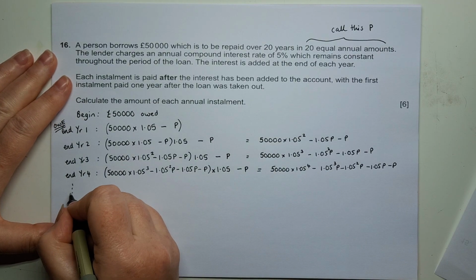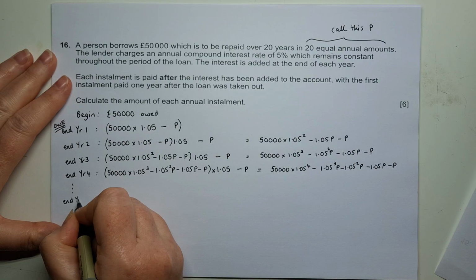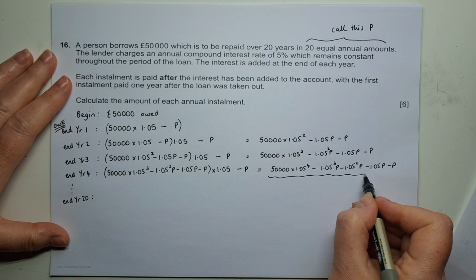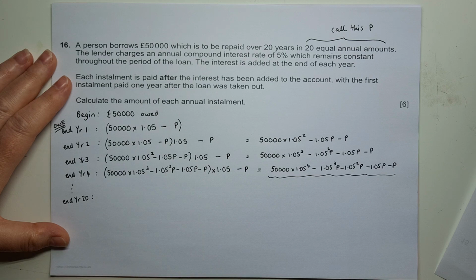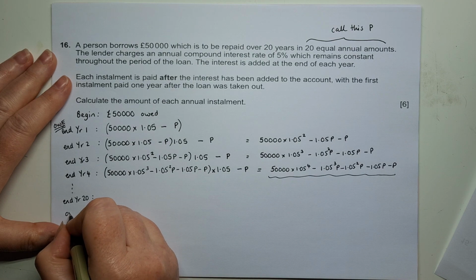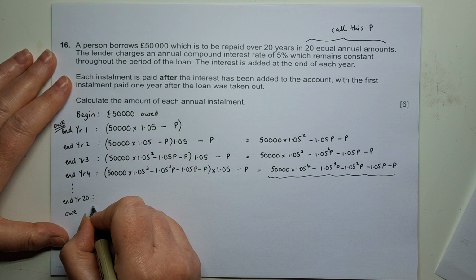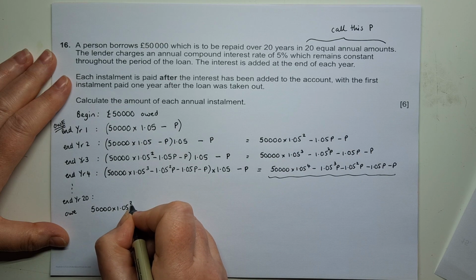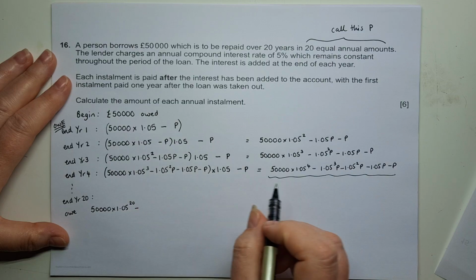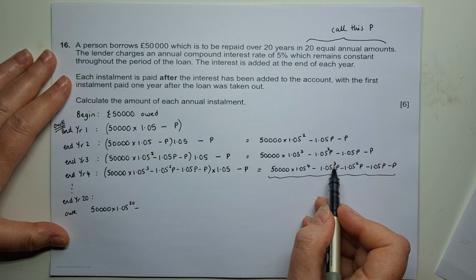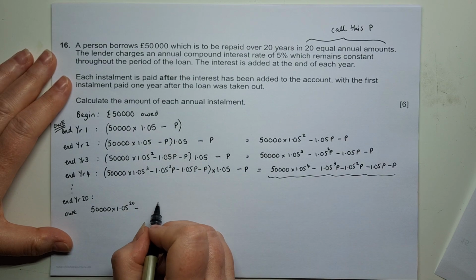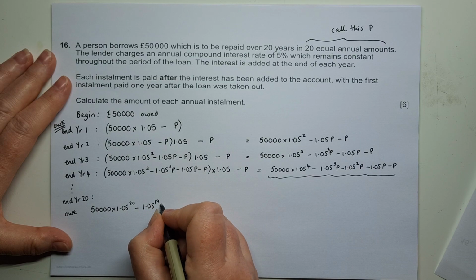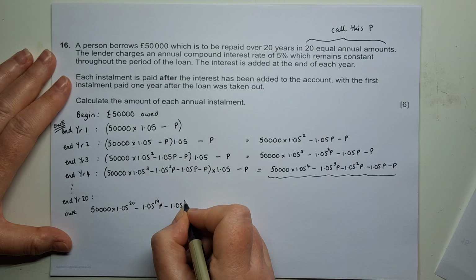So by the end of year 20, I'm just going to copy out this pattern, but with a 20. So we will owe 50,000 times 1.05 to the 20 minus, now notice this drops immediately, this is now 1 below 4, so this is now going to be 1 below 20, so it's minus 1.05 to the 19p, minus 1.05 to the 18p.